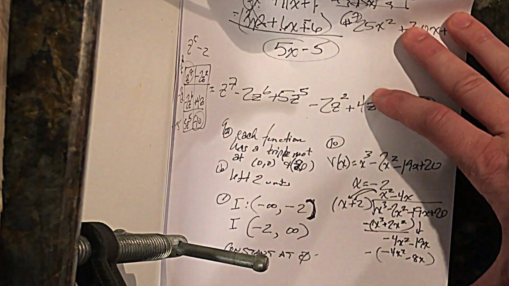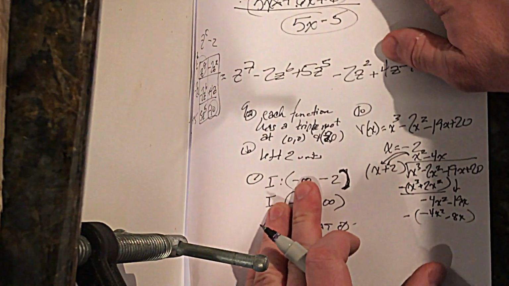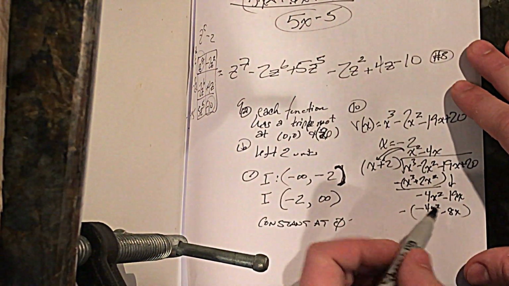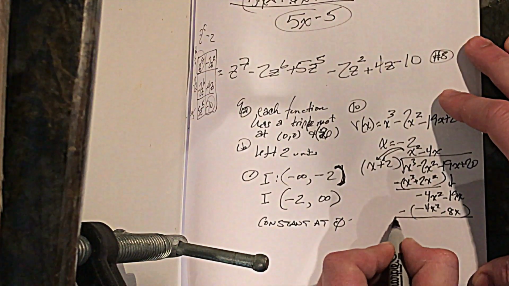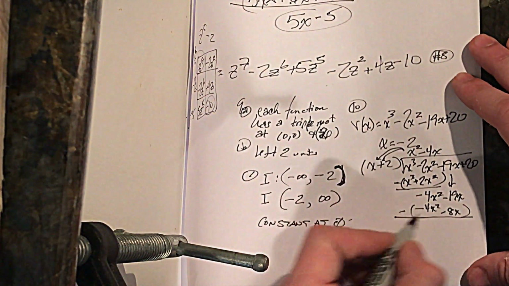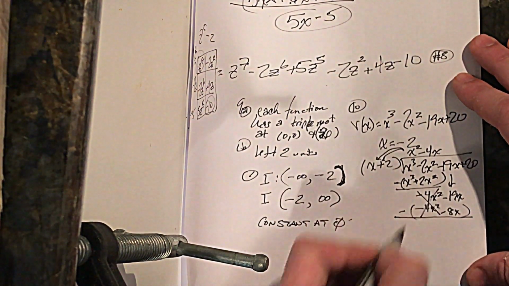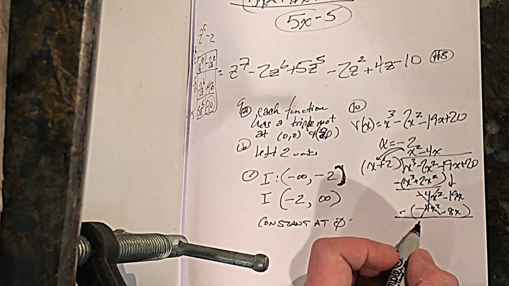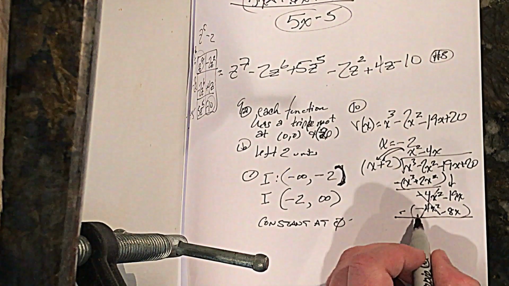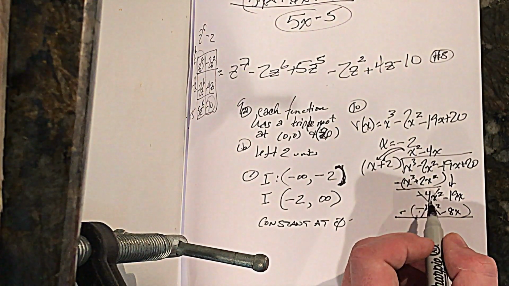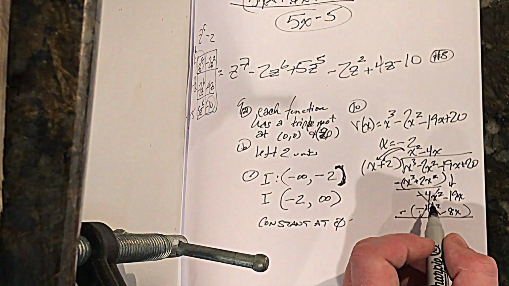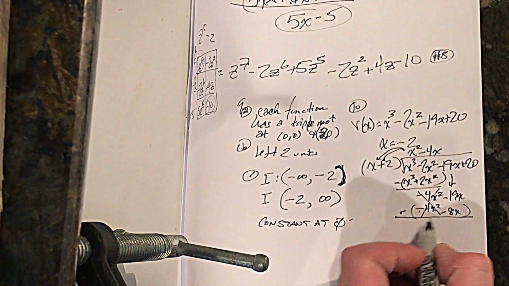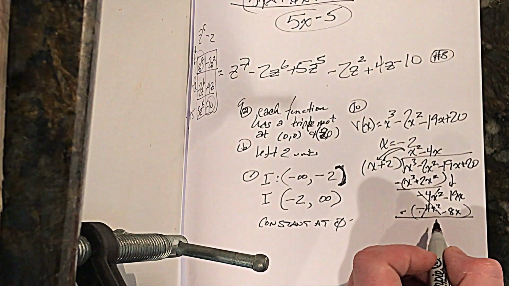We subtract again. We get negative 4x squared minus a negative 4x squared, which cancels down to 0, and then we're left with negative 19, and this is going to be a negative 8.